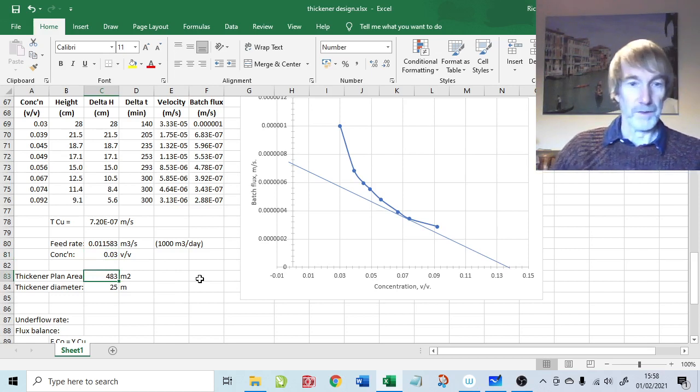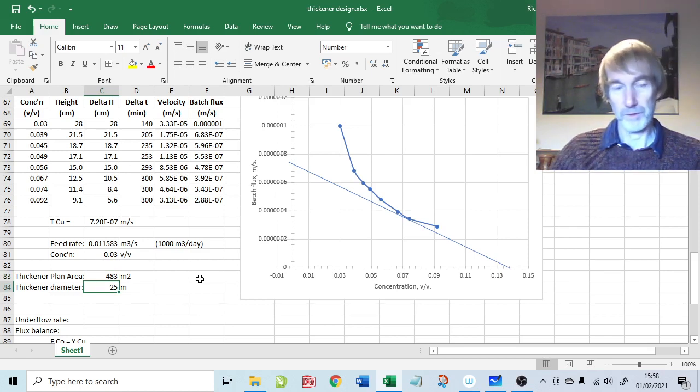If we say that's a circle, then pi d squared over 4 is the area of a circle. That enables us to work out that the thickener diameter is 25 meters, which is a reasonable size thickener. It's not too big. It's a 25 meter diameter circular tank, typically something in the order of 1 to 3 meters in depth. The depth is not so important as the area here.